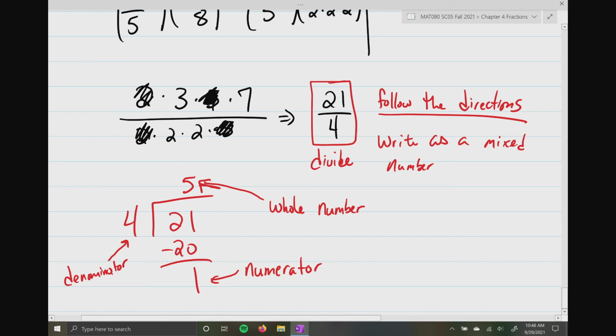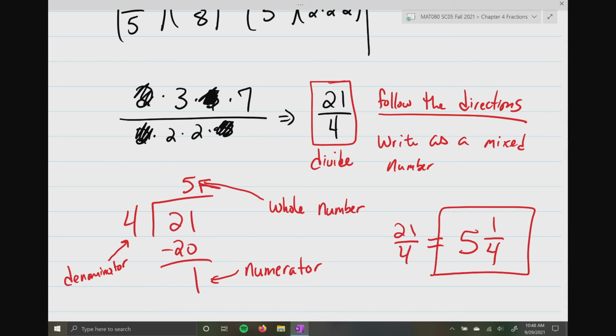The number out front, by the way, is called the divisor. So the divisor is your denominator. So 21 over 4 equals 5 1/4 as a mixed number. Okay? And that is it.